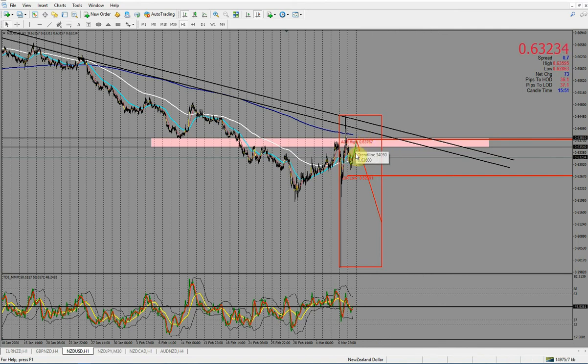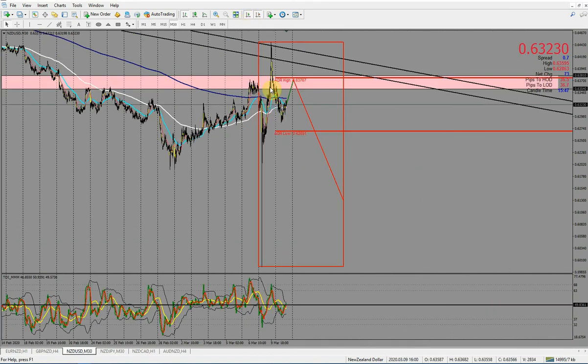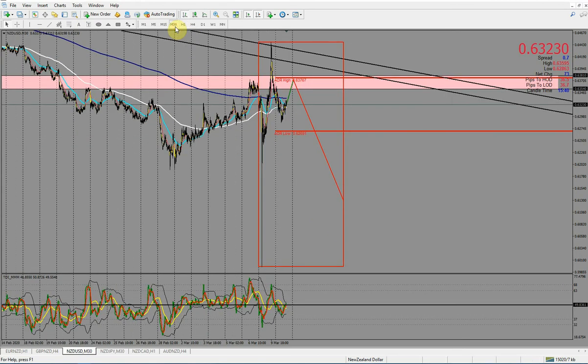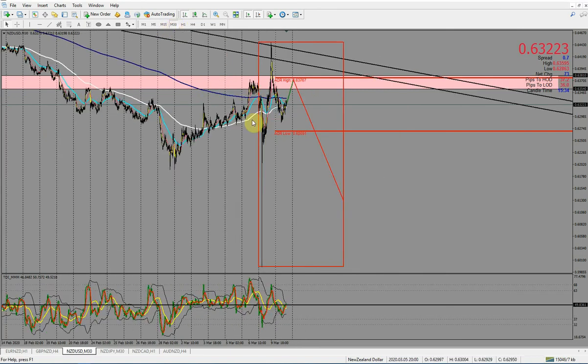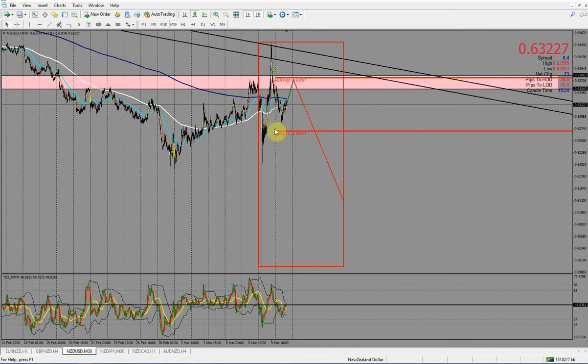Head and shoulders is a reversal setup, but in this case, it's moving in line with the main trend, and the main trend, as we can clearly see, is bearish. So I would be very interested in taking this short position here on NZD USD. Right now it's the New York session, so the price might just continue going up until later in the evening or tomorrow morning. So we should expect to see NZD USD going south.